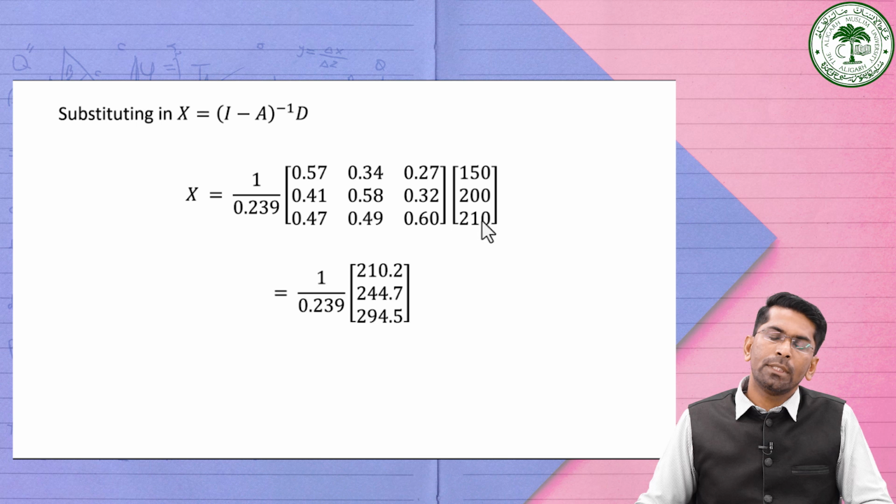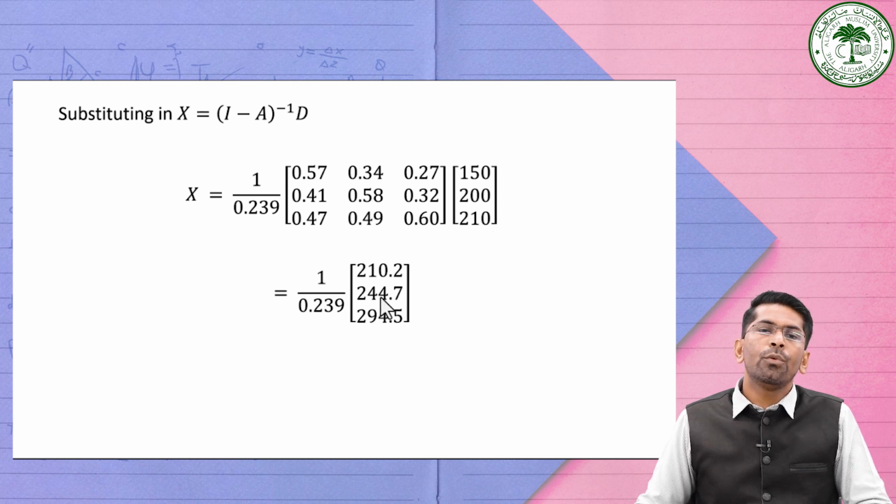If you simplify it, it becomes 244.7. Now we consider the third row: 0.47 into 150 plus 0.49 into 200 plus 0.60 into 210. Simplifying, it becomes 294.5.